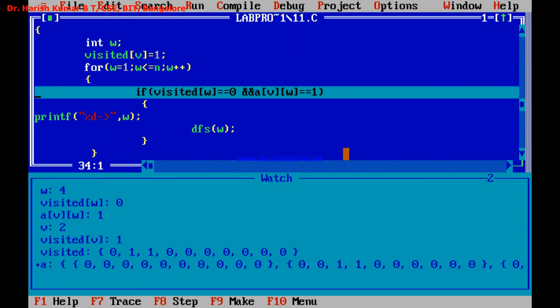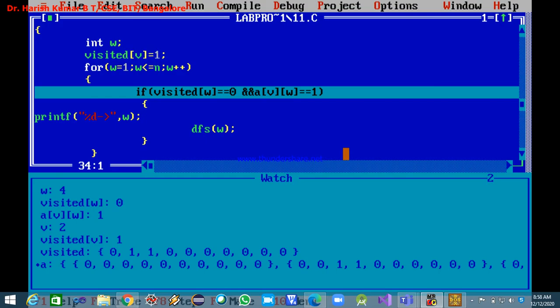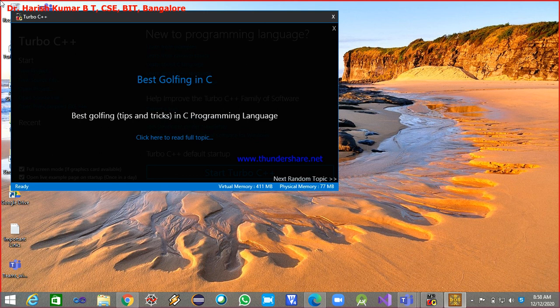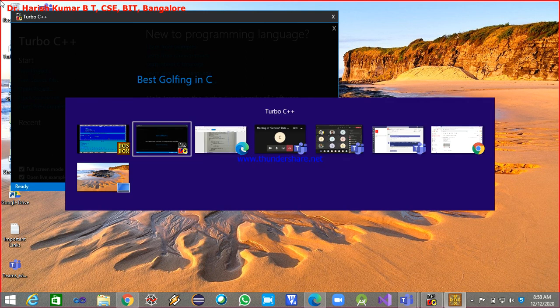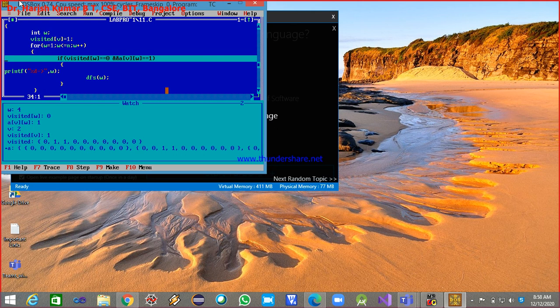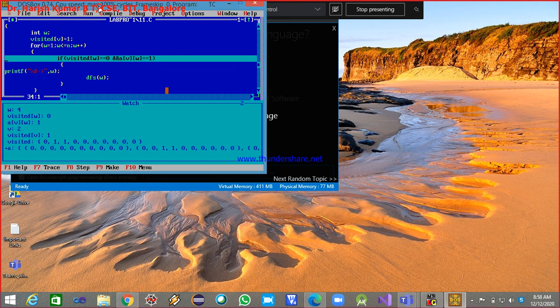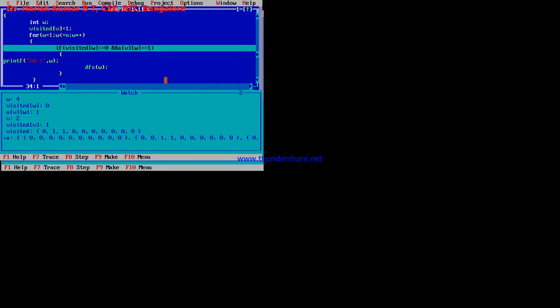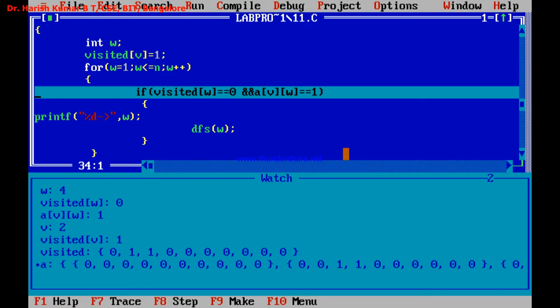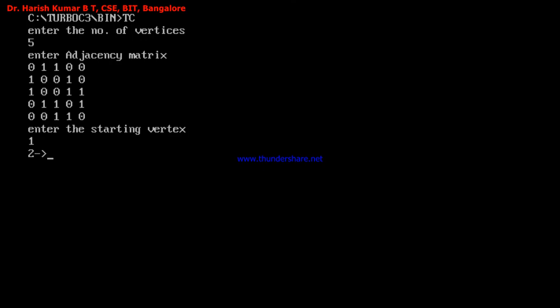Let me go back to the matrix and check whether there exists a path from 2 to 4. So now we will see, second row, fourth column.